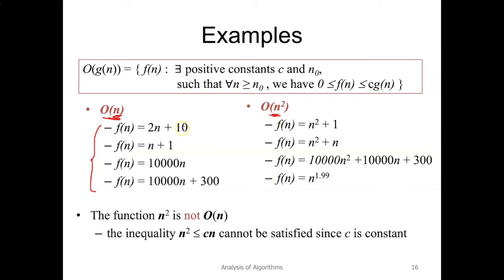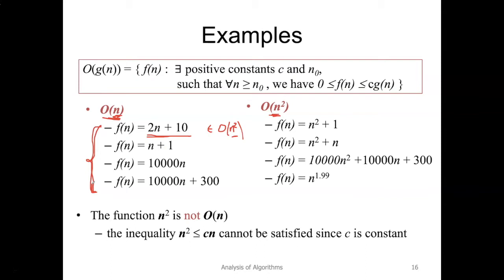So we could also say, 2n plus 10, this is big O of n, but this is also big O of n squared. Because n is a slower growing function than n squared, if I have something which is already upper bounded by n, then it's also upper bounded by some faster growing function like n squared. So each one of these is big O of n, but also big O of n squared.